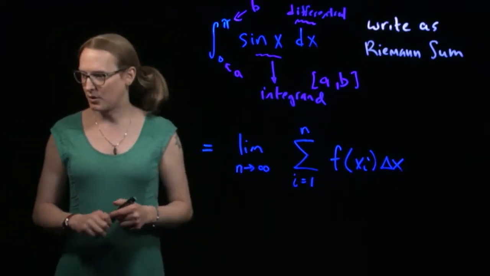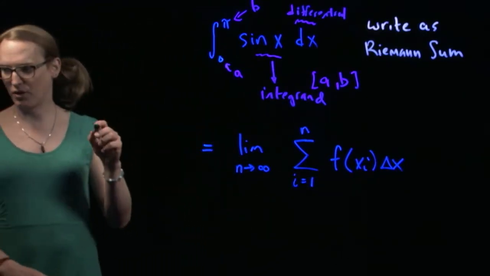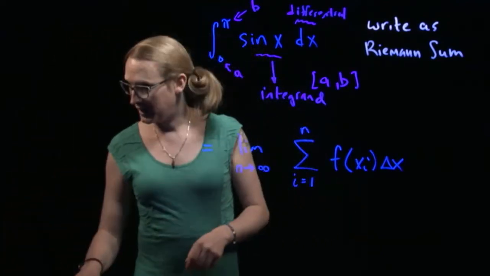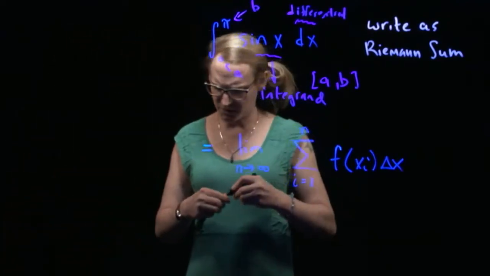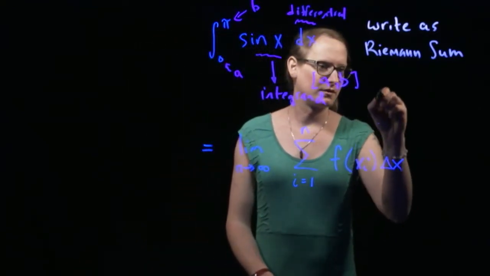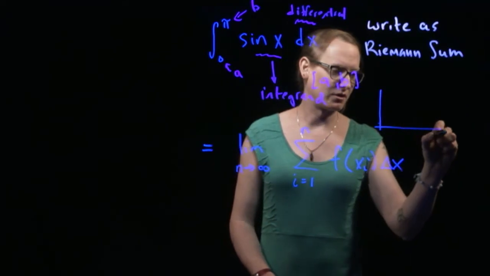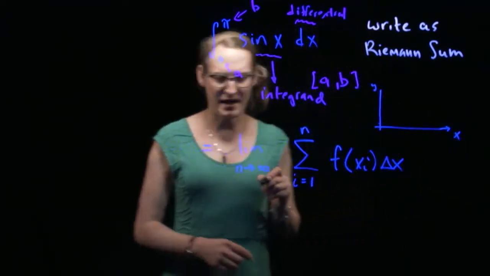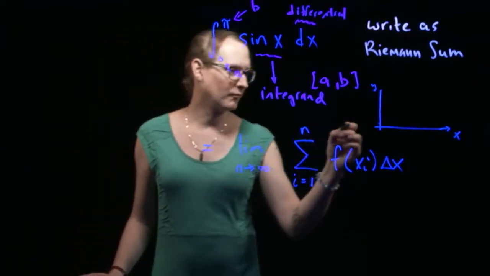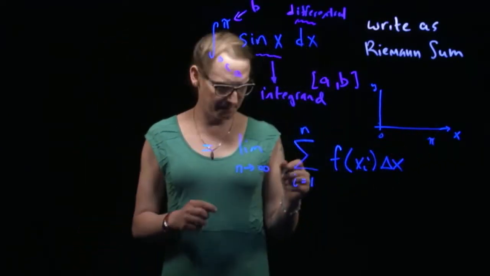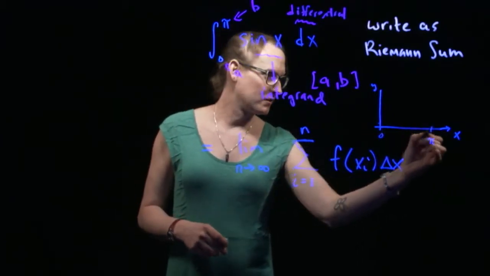Let me go ahead and draw a quick little diagram that has some axes. I think I'm going to use blue for my axes. So here's an axis, here's another axis. This is the x-axis, this is the y-axis. Here's 0, here's pi. So there's my interval from 0 to pi.